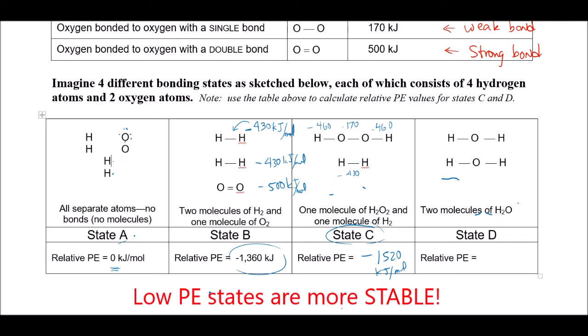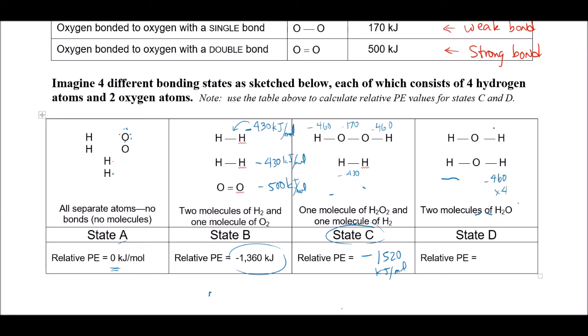And the last one is state D. This one's easy because it's just 460 times 4. There are 4 of them. You can see them 1, 2, 3, 4 of the OH bonds. That adds up to negative 1840 kilojoules per mole. All right, so that's the idea of the mathematics of bond energies.